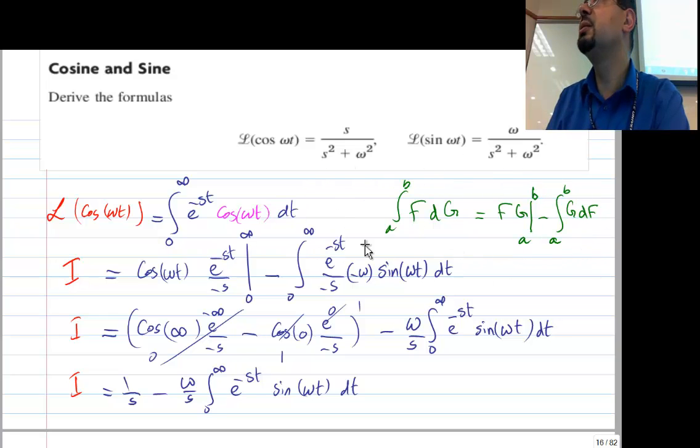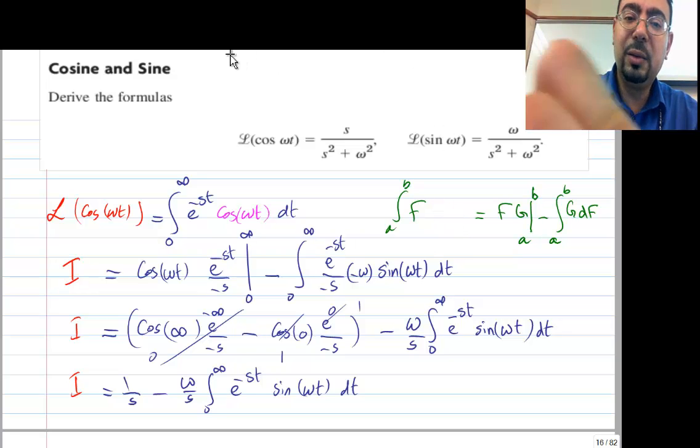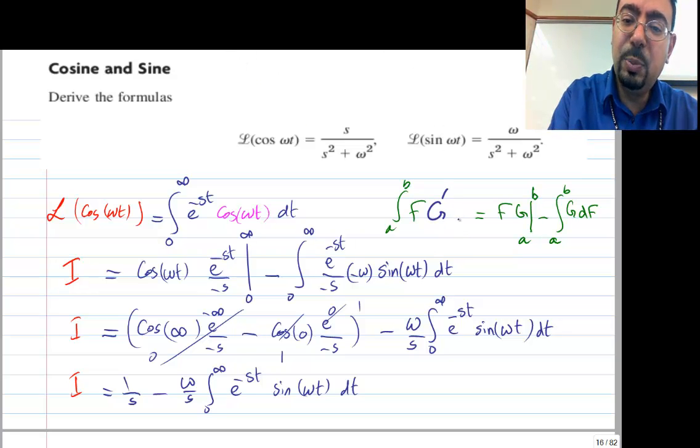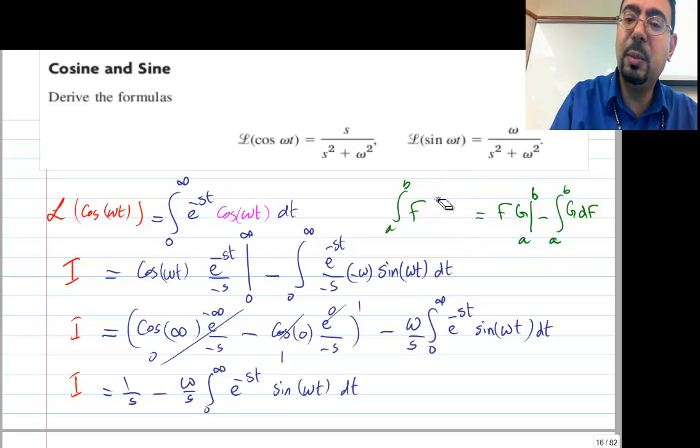integration by parts. If you are integrating something like this, f dg, or basically f g prime dt, then you can pull those two together, and you would think, well, that's simply dg.